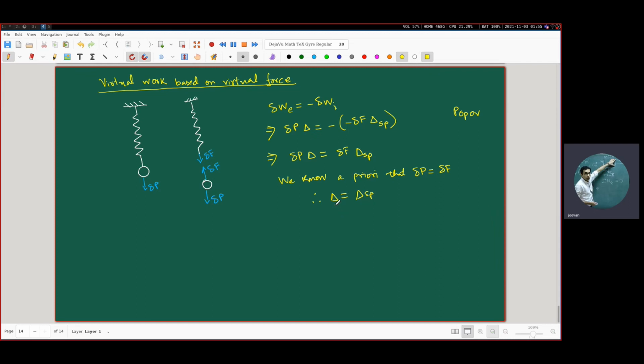Because when we proceed by this method, the virtual work based on virtual force, we end up with this kind of equation which tells us the compatible displacements that should occur so that these things do not break apart. This is just a recipe. So this virtual work based on virtual force is just a recipe for arriving at the equation of compatibility.